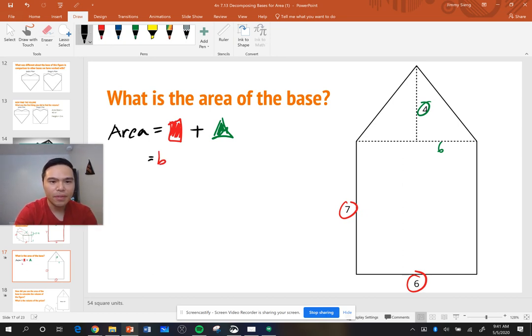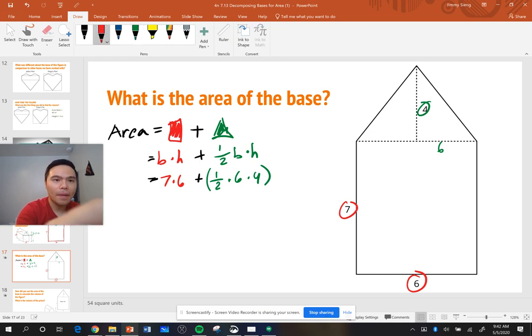So this is equal to your base times height plus 1/2 the base of the triangle times the height of the triangle. And that should give us 7 times 6 plus 1/2 times 6 times 4, right? And those should be in parentheses.